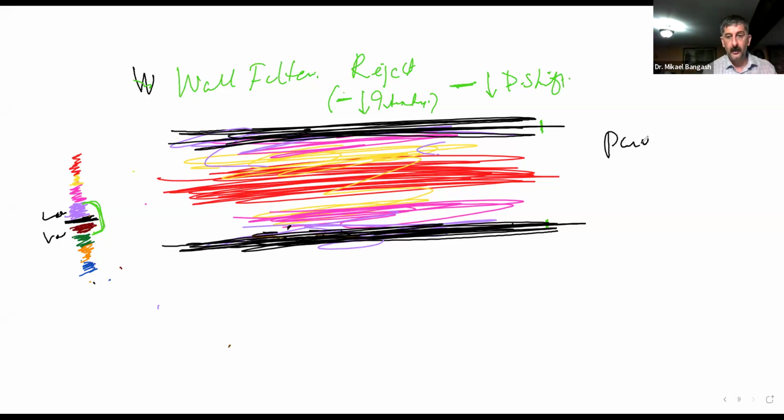It's parabolic, so by the vessel wall. So it filters out the signals by the wall. Did you guys get that? Which were the low Doppler shifts.